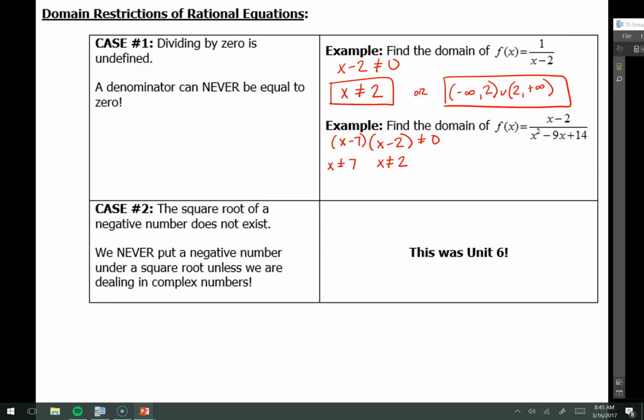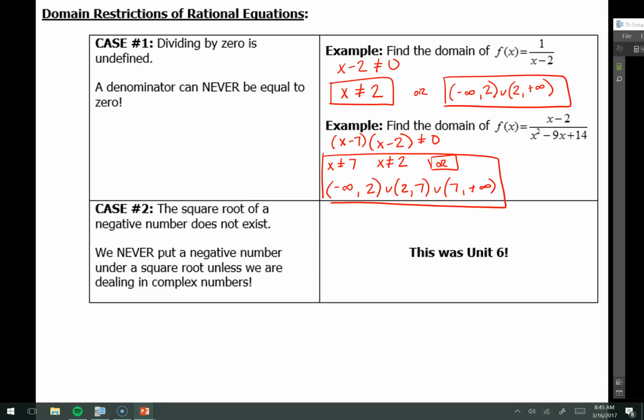Thinking about this one in interval notation, that means x goes from negative infinity up to 2, but doesn't include it. It picks up on the other side of 2 and goes up to 7, but doesn't include 7. And then it picks up on the right-hand side of 7 and goes all the way to positive infinity. So you have two ways to write answers for there as well.